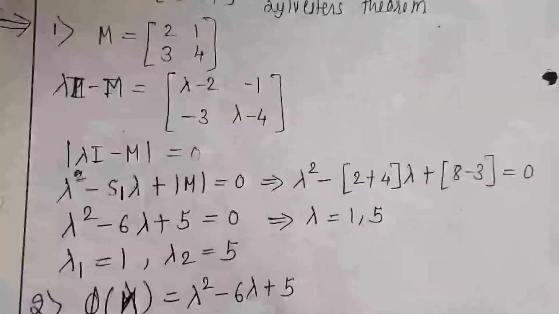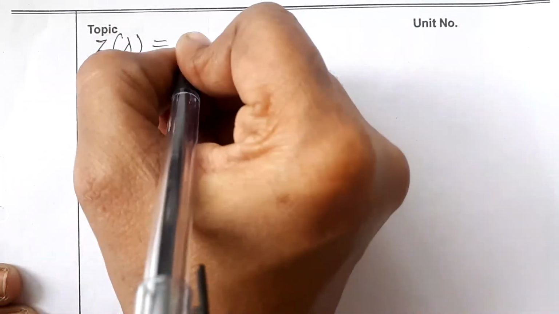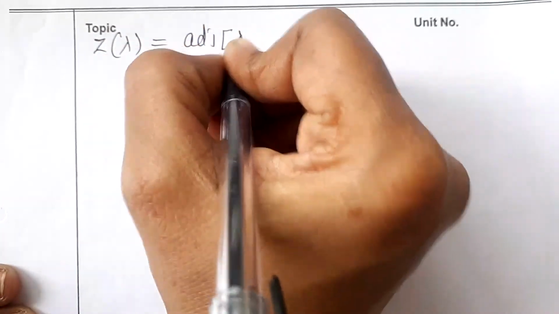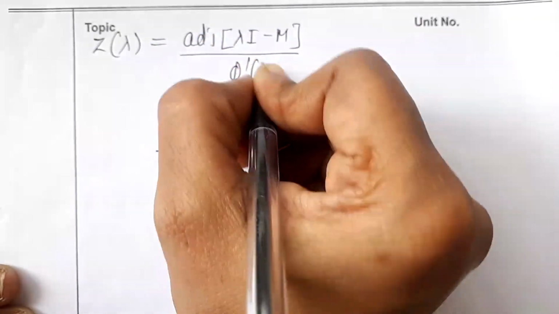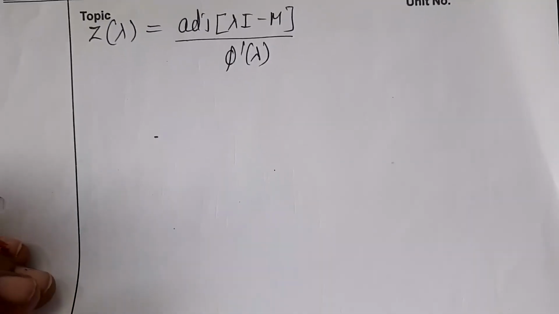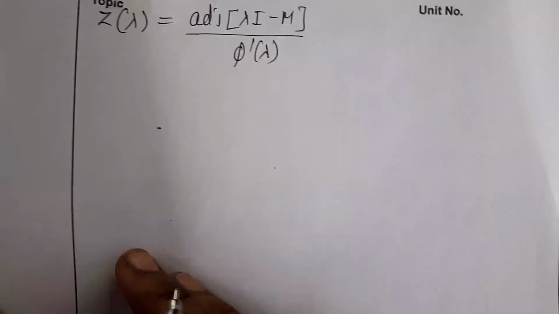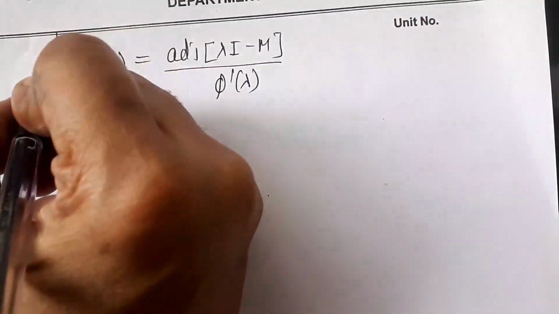So Z of lambda is equal to adjoint of lambda I minus M divided by phi dash of lambda. So this is the third step.